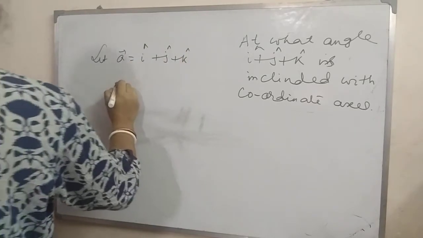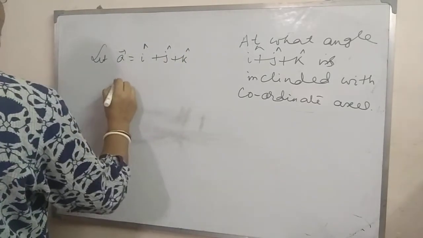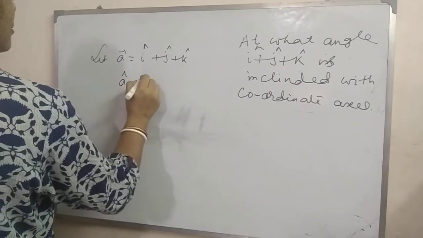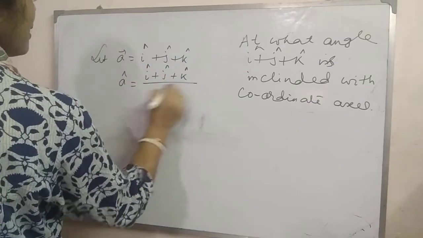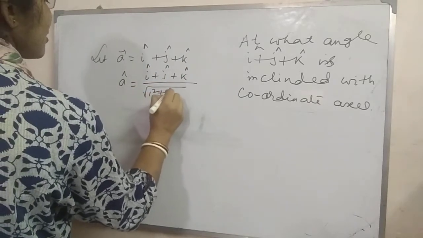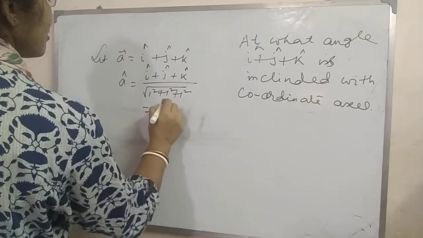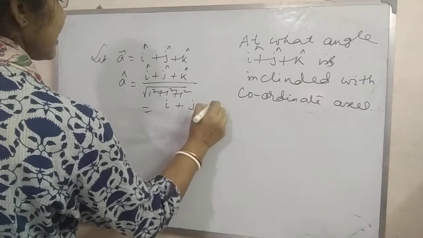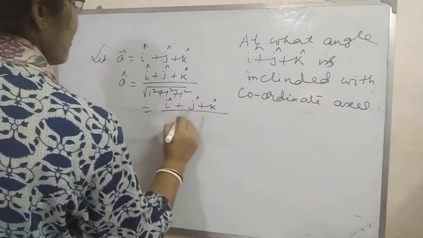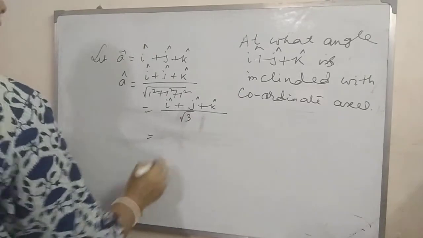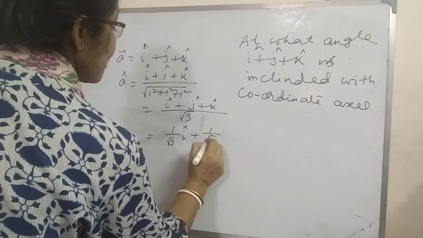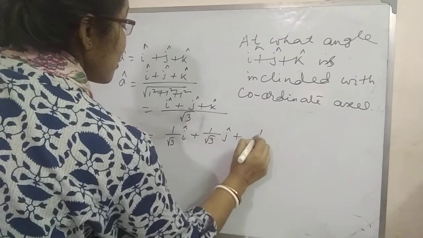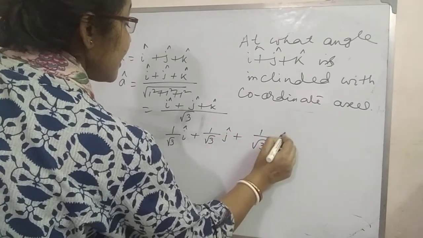A cap equals i plus j plus k by root over 1 square plus 1 square plus 1 square, that is i plus j plus k by root 3, that is 1 by root 3 i plus 1 by root 3 j plus 1 by root 3 k.